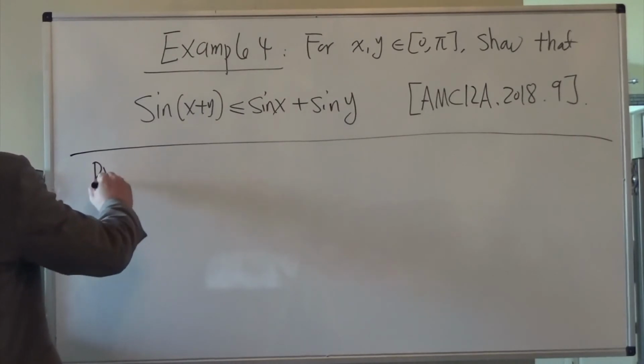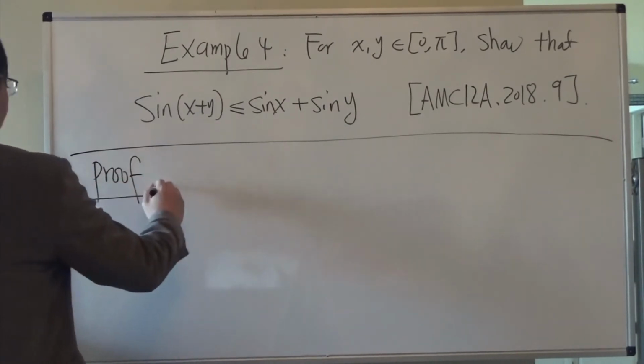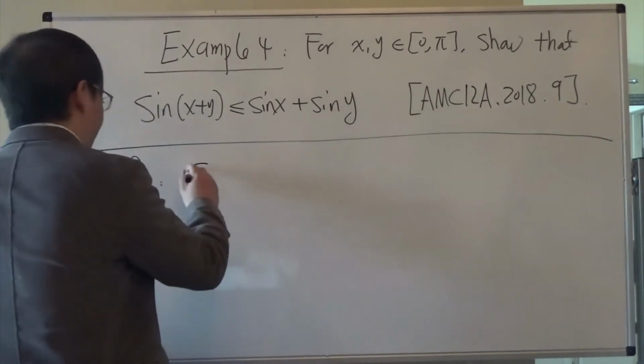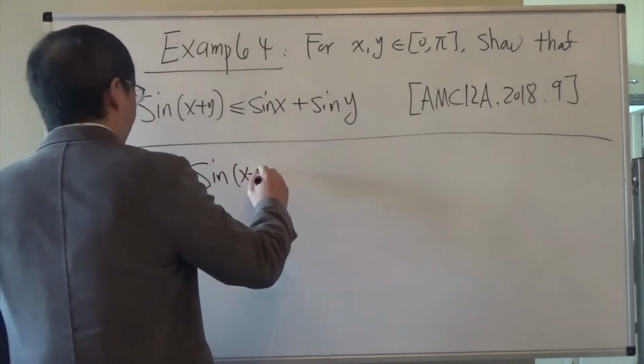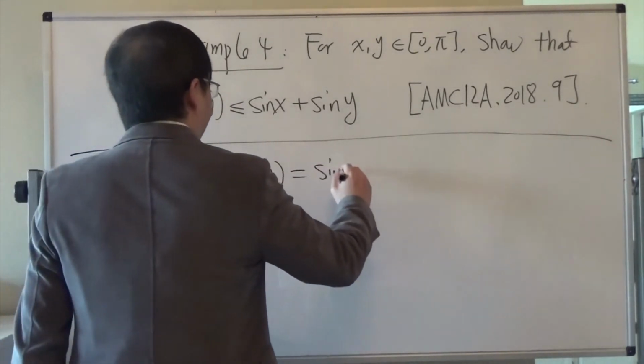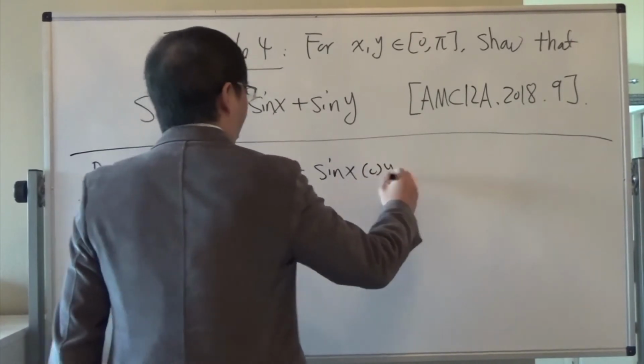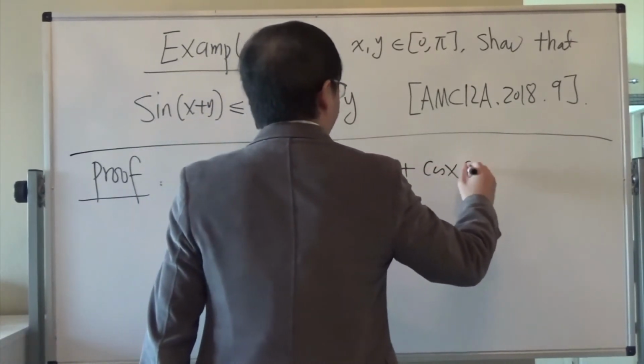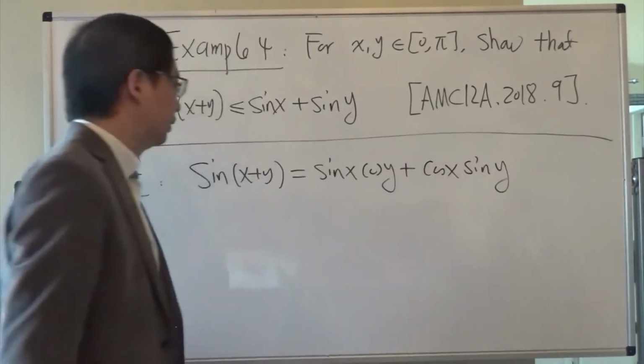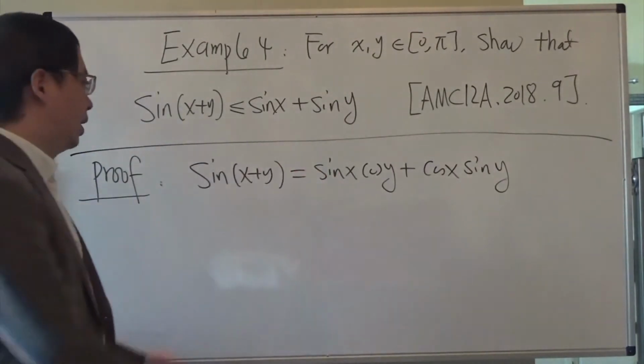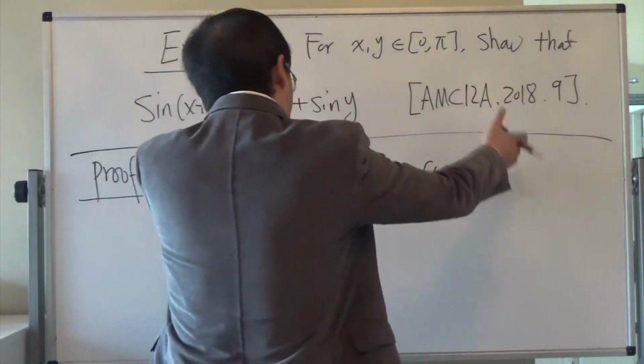Proof. We use the sum formula. We have sine of x plus y equals sine x times cosine y plus cosine x times sine y. This is always true, right? This is the sum formula. Now let's take the absolute value on both sides.